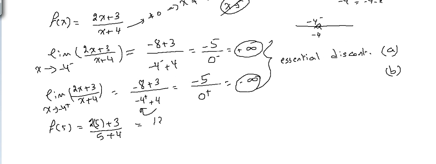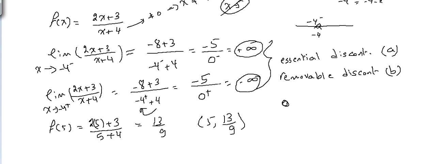That will be 13 over 9. So the point 5, 13 over 9, in the original function will act like a hole. This means in the original function we consider this point a removable discontinuity. This is part B.